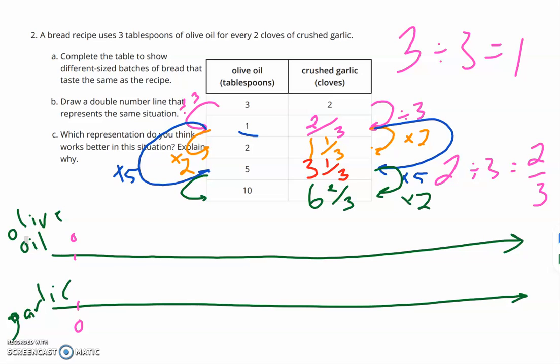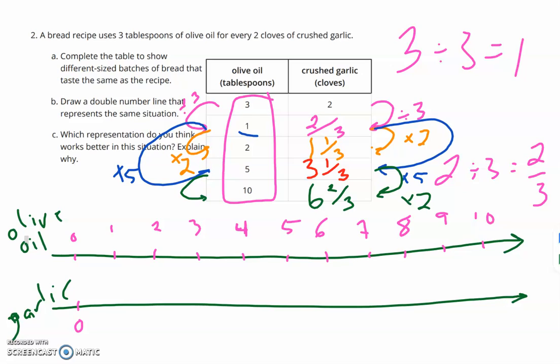It looks like olive oil would be the easiest to go by ones. We have 1, 2, 3, and then we have 5. So we'll go 1 olive oil, 2, 3, 4, 5, 6, 7, 8, 9, 10.